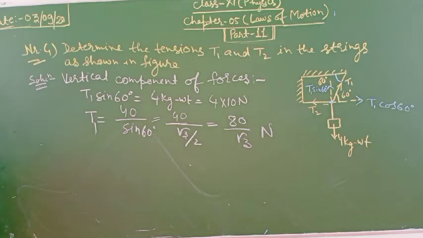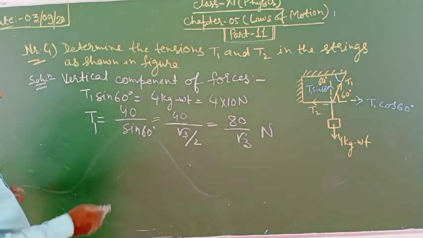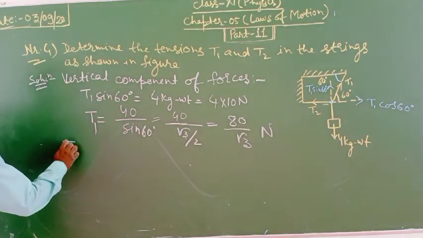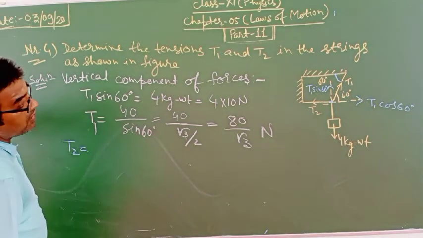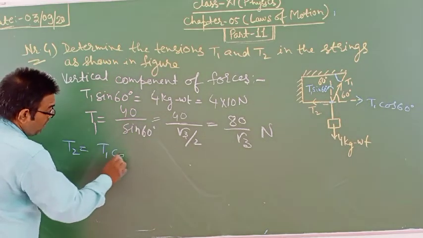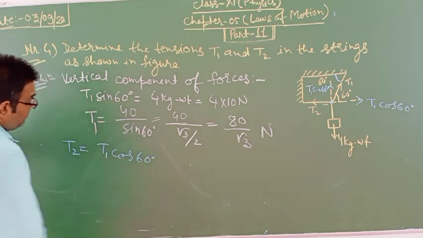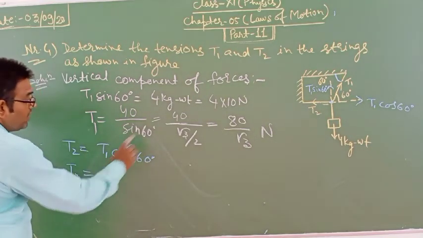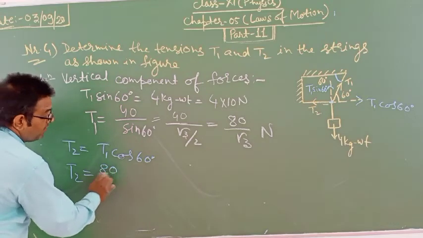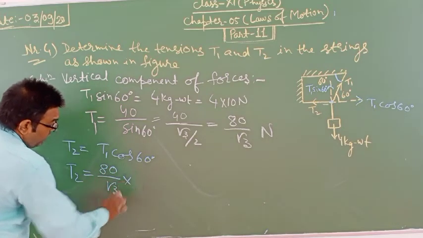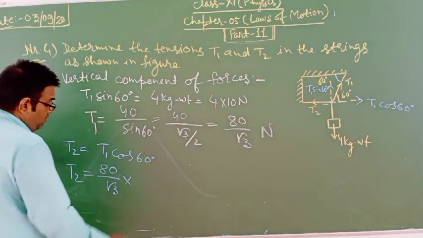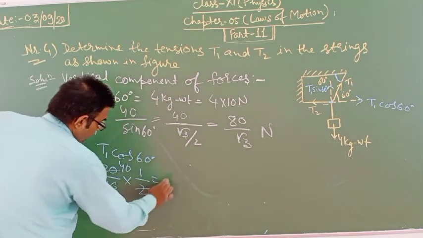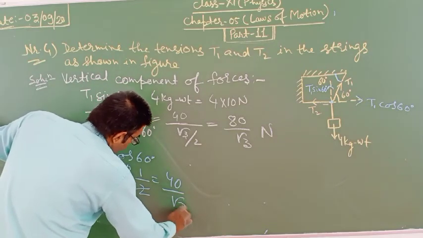And T2 is equal to T1 cos 60 degree. Now the value of T1 is 80 upon root 3, into half, 40, that is equal to 40 upon root 3.